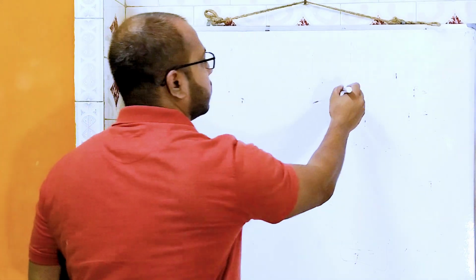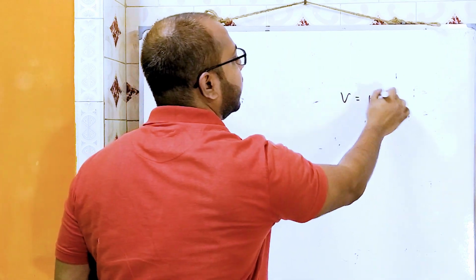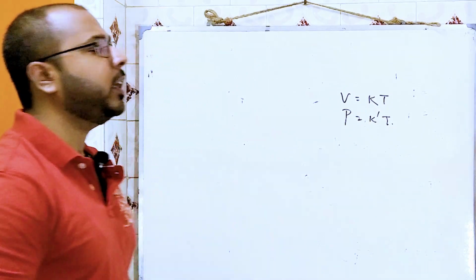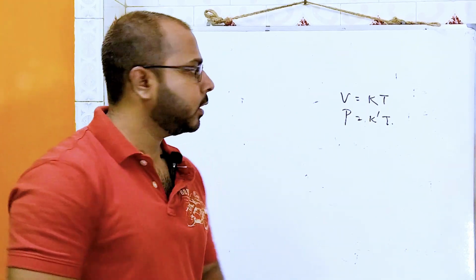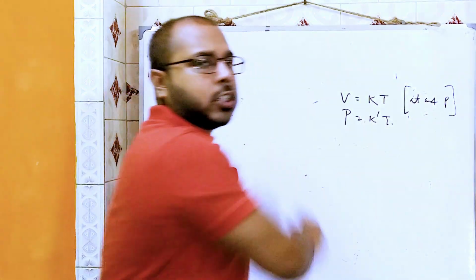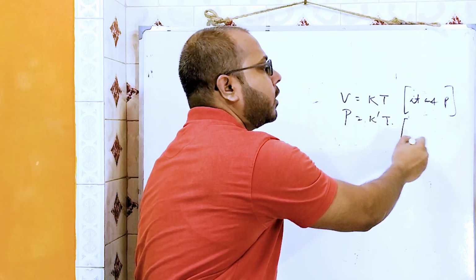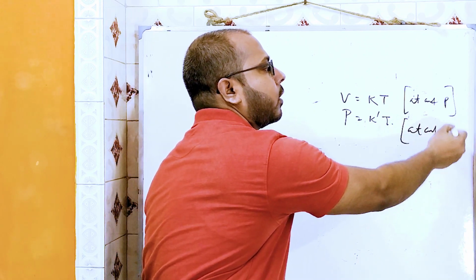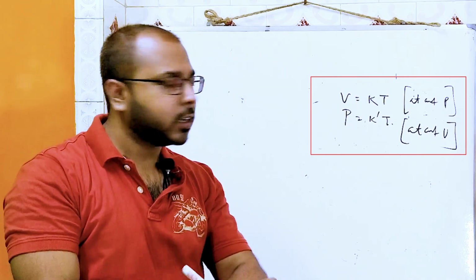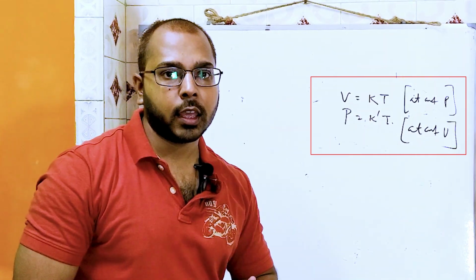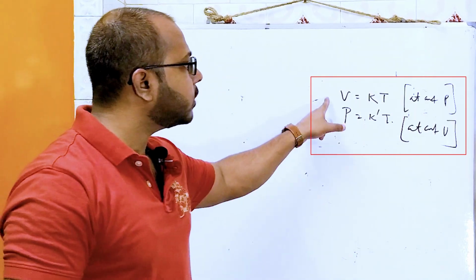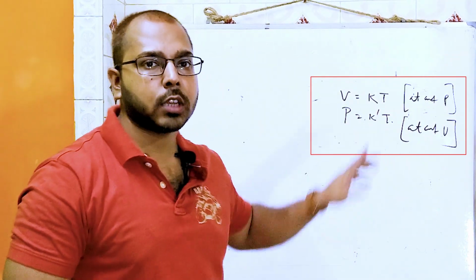Clear? We have seen that V equals to Kt. Also, you can see that P equals to K prime T, because V equals to Kt at constant pressure, and P equals to Kt at constant volume. So the nature that is there for V and T will also be there for P and T, because here also y equals to mx.